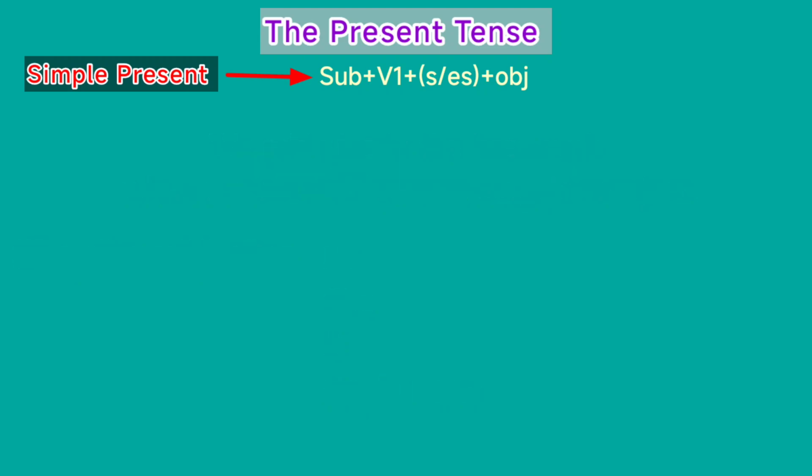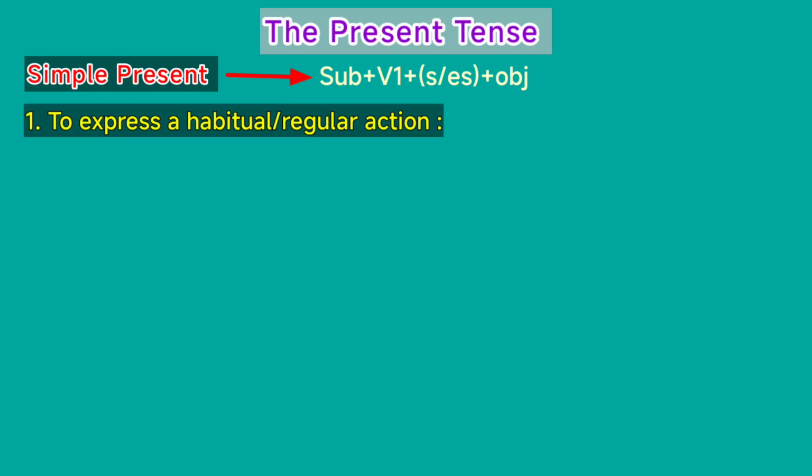The first situation in which we use simple present tense is to express a habitual or regular action. As we know, almost everybody has at least one or two habits like drinking, reading, walking, everyday happening things, regular things.